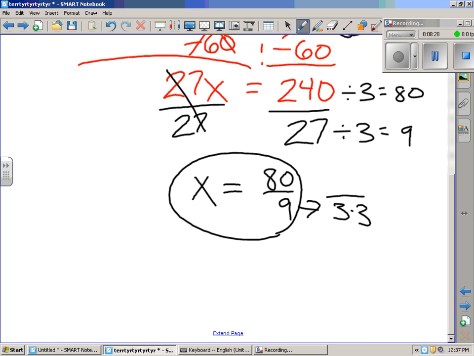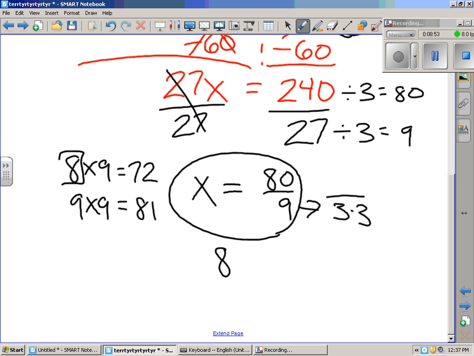Now we can also write this in another form as a mixed number. And we can think about it. 8 times 9 equals 72. 9 times 9 equals 81, so that would be too much.